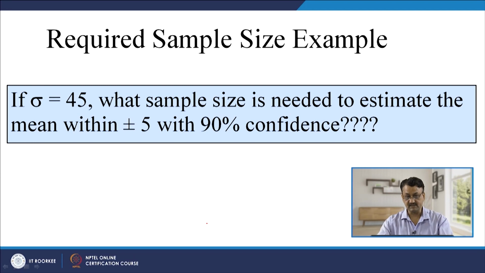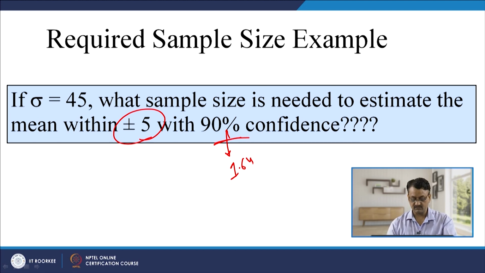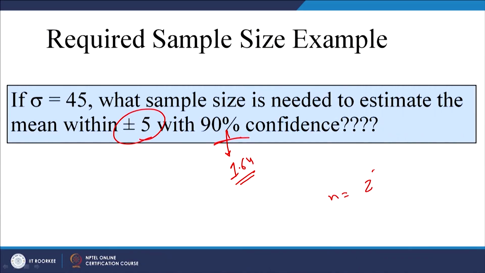What sample size is needed to estimate the mean with plus minus 5 with 90% confidence level. So, we know that at 90% confidence level z is equal to 1.64, right. Sigma is given. So, our n formula is, what is the value of n? Sigma square z square divided by error term square, right.